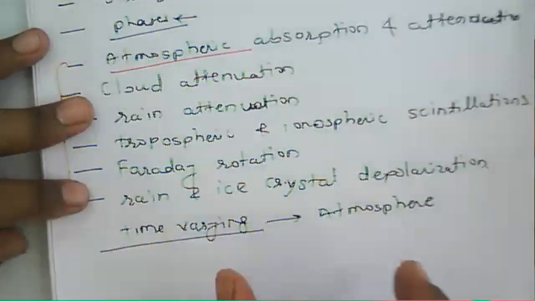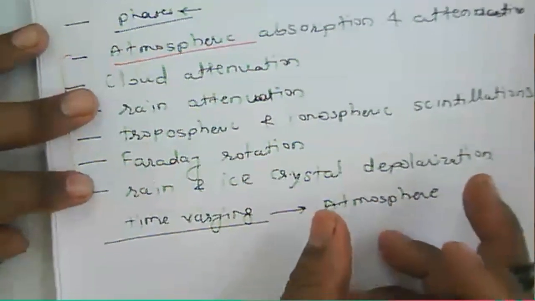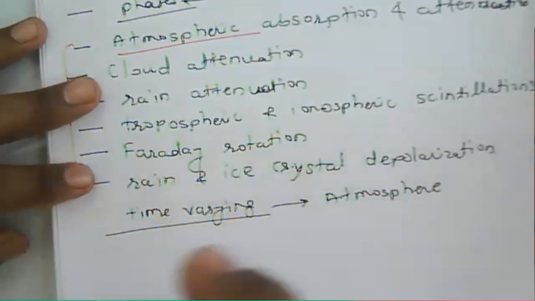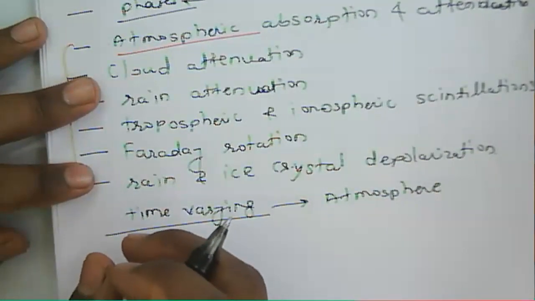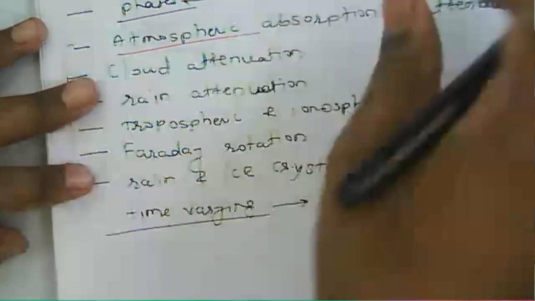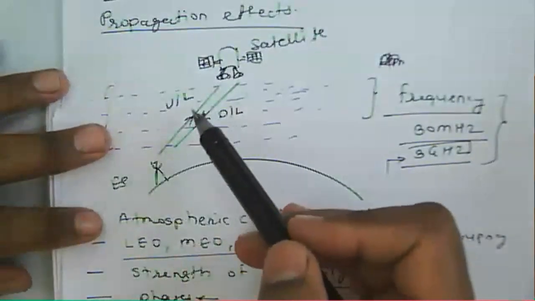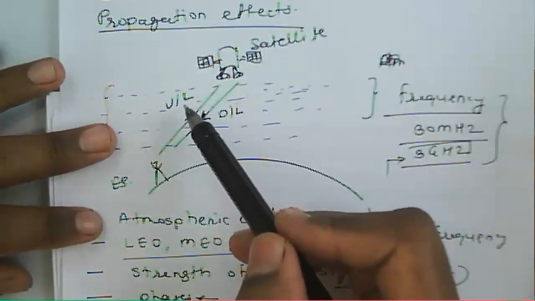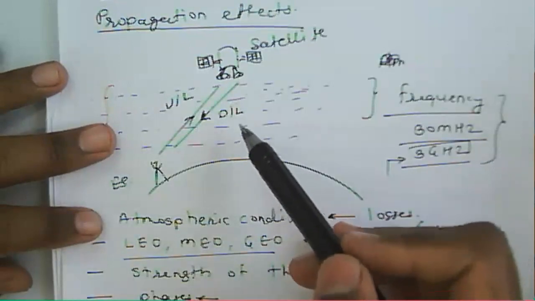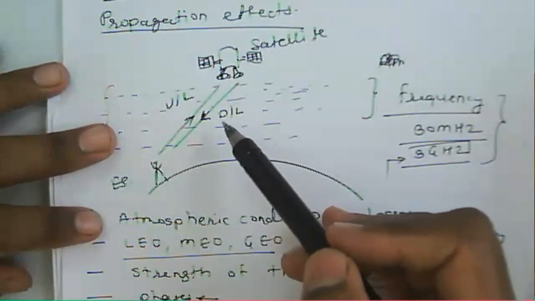That's why we consider at what particular period of time your signal can be transmitted. For the uplink, atmospheric condition will be different because the frequency is different. For the downlink, atmospheric condition is different because the downlink frequency is different.